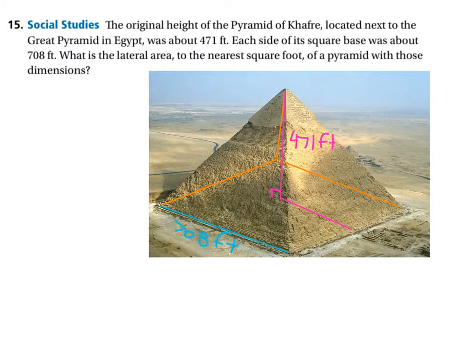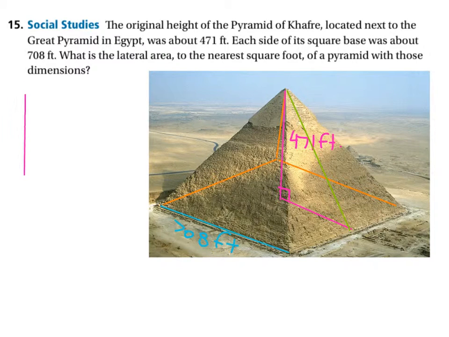That forms a right angle, and actually let me erase that part of the right angle and write it right there, a little better. And then what we're looking for is this slant height along the front edge of this thing from the top down to there.